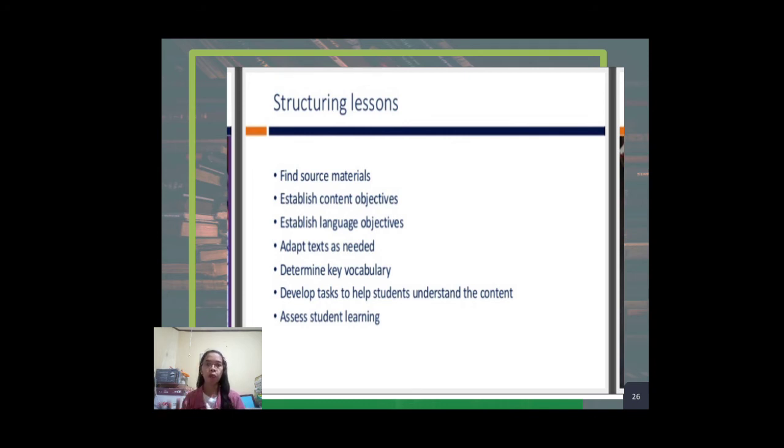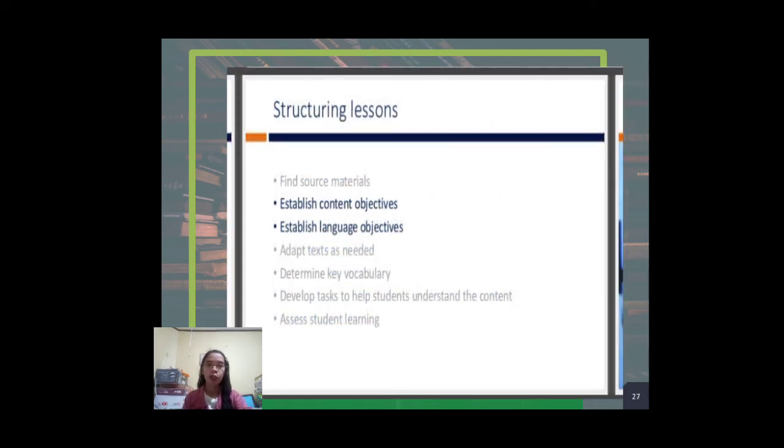You're teaching something and then at the end of that discussion, the student will also learn the language that they want to learn or that you need to teach and that your students need to acquire. Adopt text as needed, as part of your materials. Determine key vocabulary. Develop tasks to help students understand the content and assess student learning as the last part of your lesson.